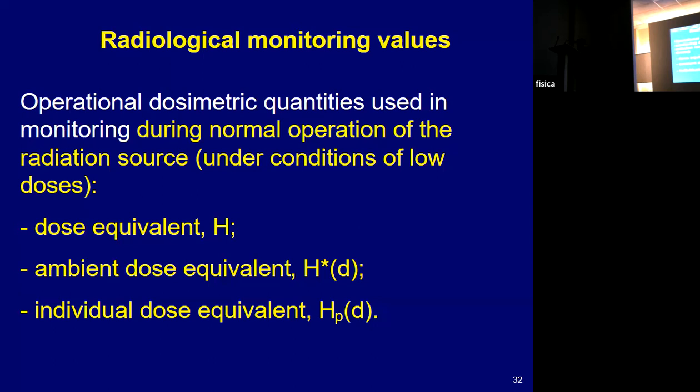Ambient dose equivalent for monitoring the radiation field in order to evaluate the effective dose or other radiological protection quantities. And also individual dose equivalent for monitoring external human exposure for the purpose of evaluating effective dose or other radiological quantities.